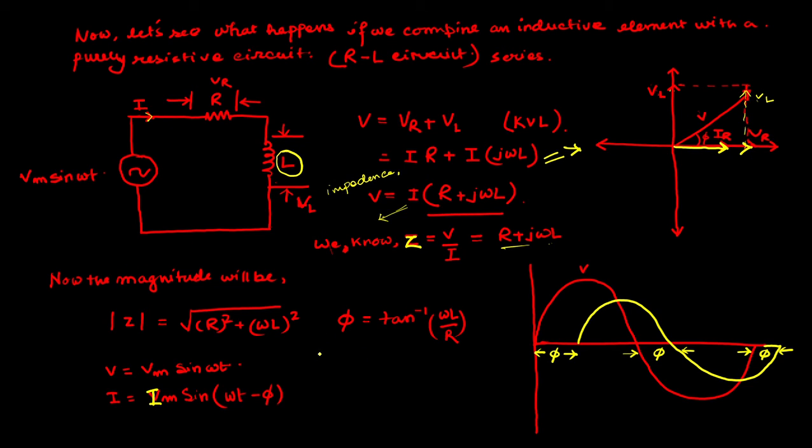So the current is lagging by an angle of theta, and this is the signal representation of this circuit, where V is represented by this red sinusoidal wave and I is represented by this yellow sinusoidal wave, where the angle difference is theta between them.